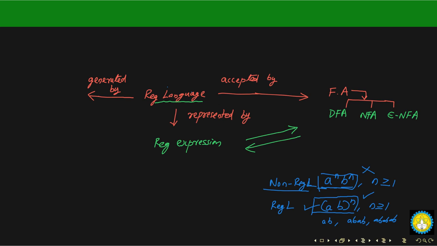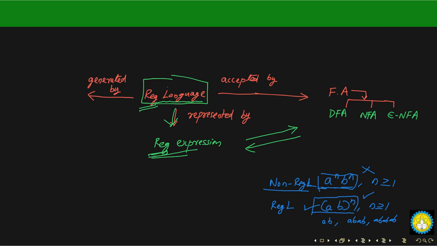It is very important to note that given a regular language, you can always represent it using a regular expression. If the language is non-regular, you cannot use a regular expression to represent it. In the name itself, it is there: regular languages can only be represented using a regular expression.